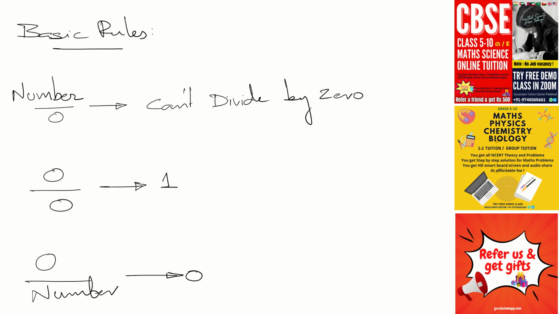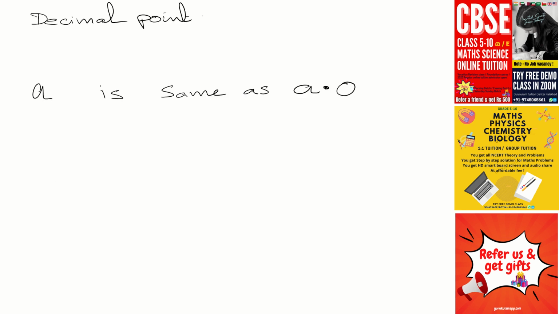Then the basic rules. We cannot divide any number by 0. Keep that in mind. And 0 divided by 0, the answer will always be 1. And 0 divided by any number, the answer will be 0. Then there is the concept of the decimal point, which means if you write 5, it actually means 5.0.